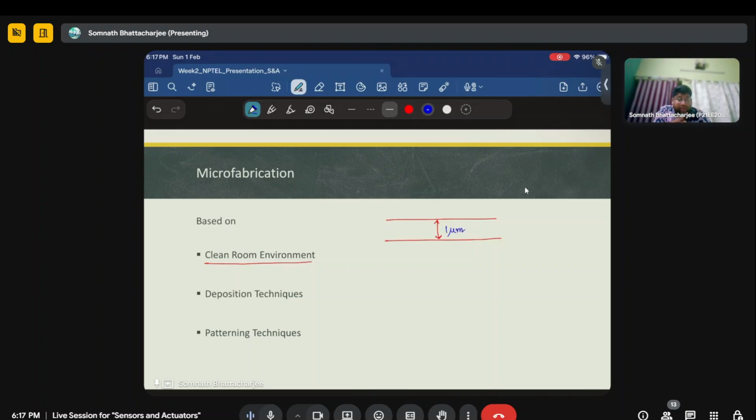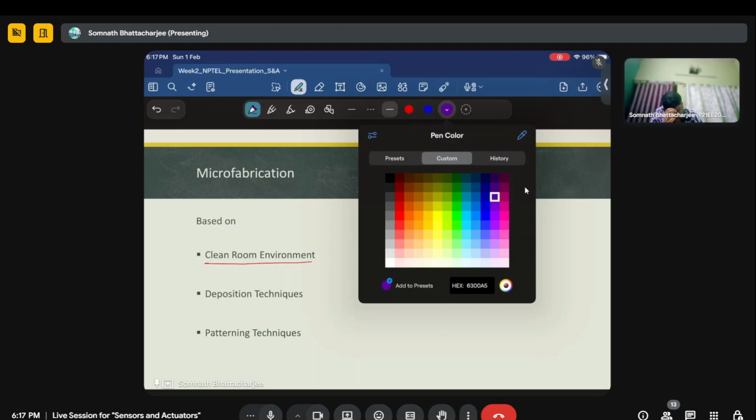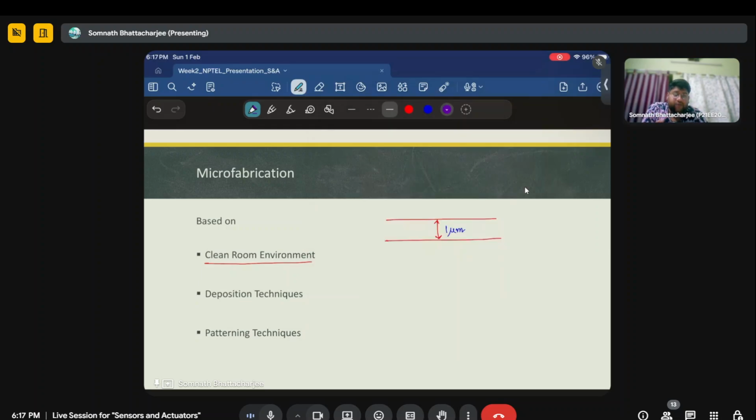Now, if you have dust particles of 500 nanometers, what happens if there are two particles, or even a single particle? The flow of the fluid will be disrupted.